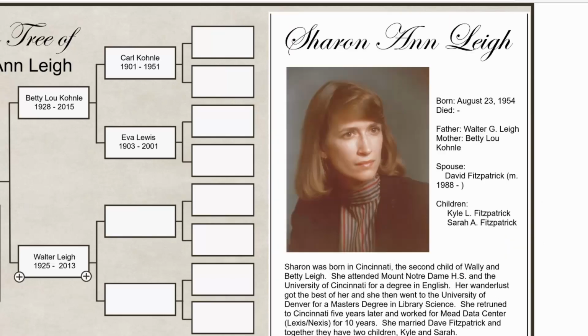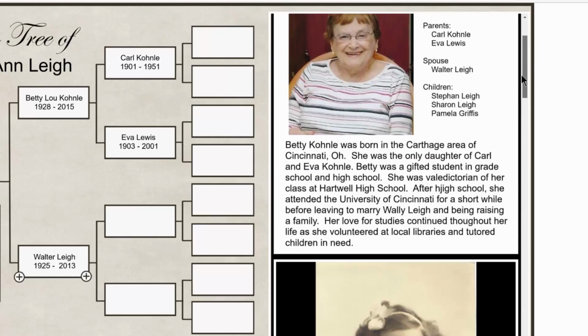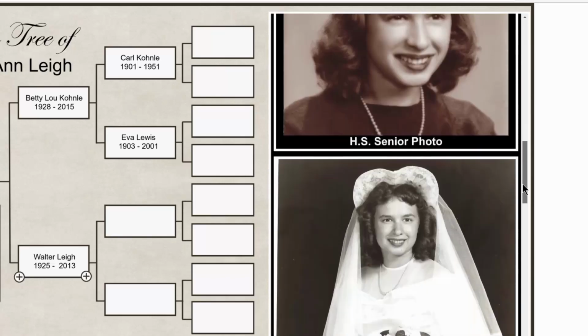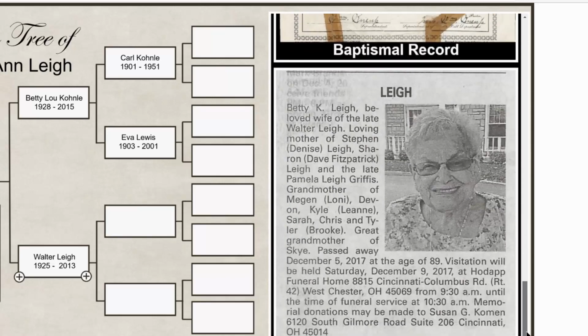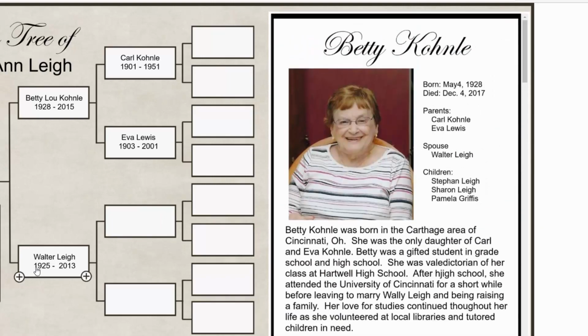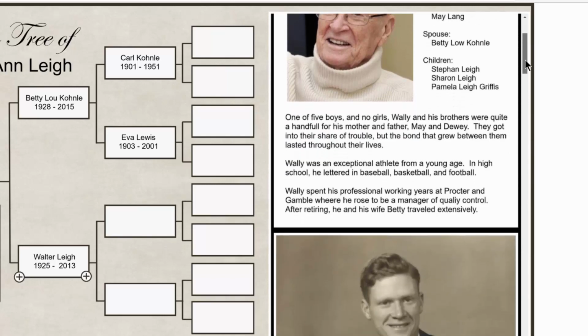Now, this was just Sharon herself, so this is her information. This would be her mother, and her mother's information, Betty, and the children that she had. And here's some pictures of Betty when she was younger, and some baptismal records and her obit, and her father, Walter, or Wally, as he was always known.